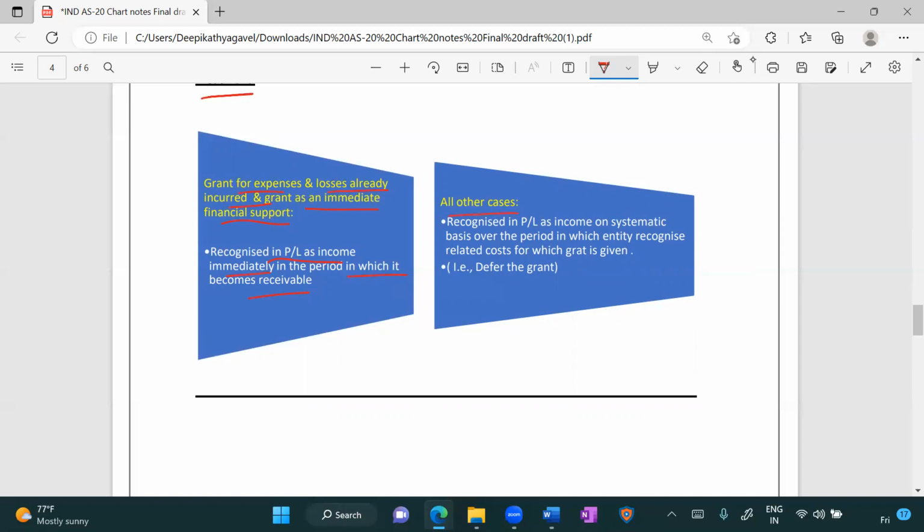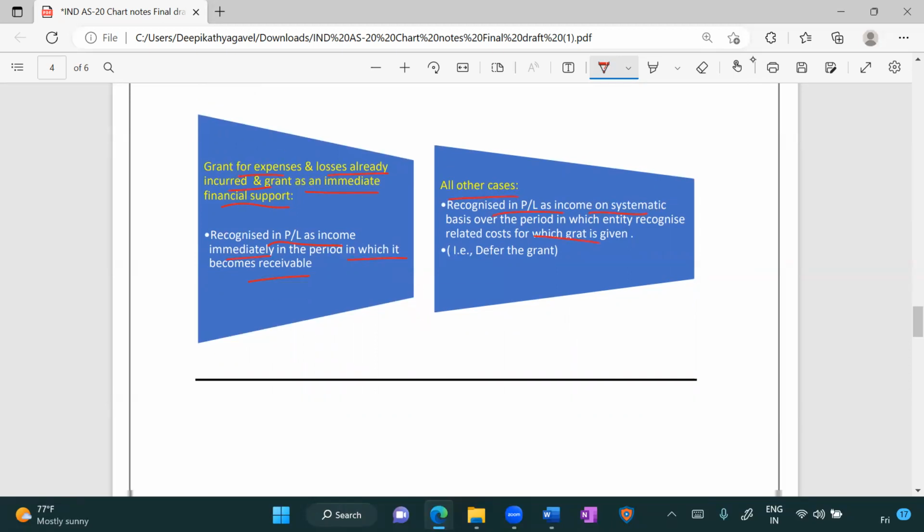In all other cases, it will be recognized in P&L as income on a systematic basis over the period in which the entity recognizes the related cost for that grant. Basically you will defer the grant. In the first method, you entirely take it to the P&L. In the second method, you will defer the grant.